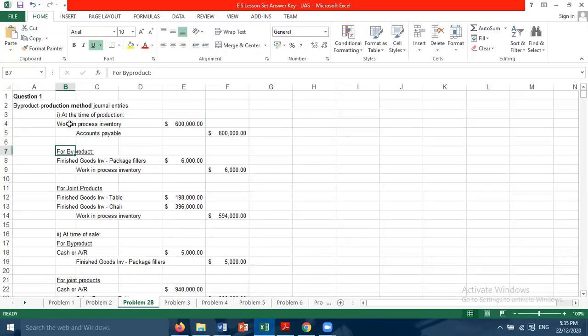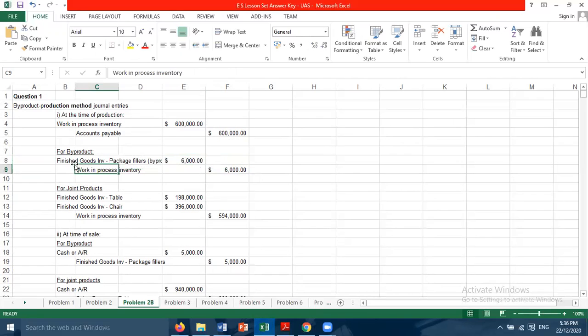Next, for the byproducts itself, since it reduces the joint cost allocated, we can acknowledge byproducts at the time of production by reducing the work in process inventory and allocating it to the finished goods inventory of its own classification, which is the byproduct. Now we allocate this by the net realizable value amount, which is 6,000 as mentioned before.